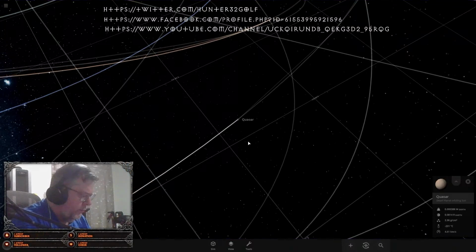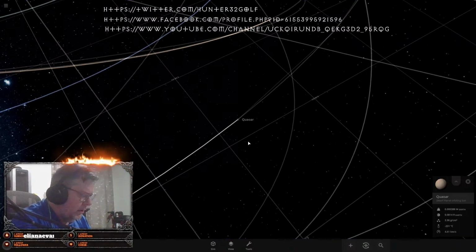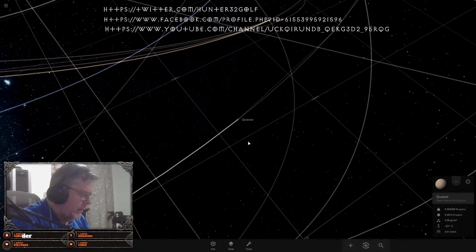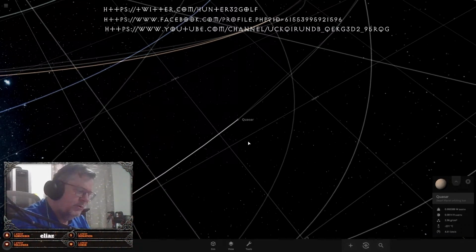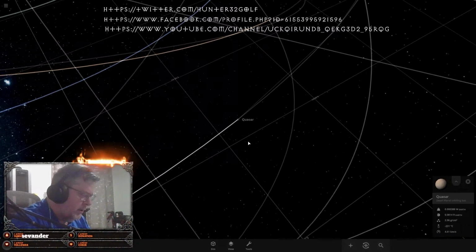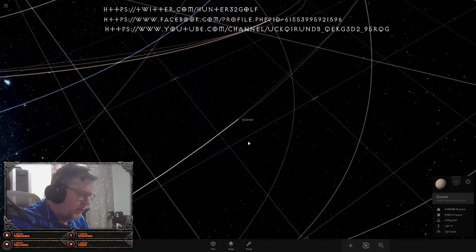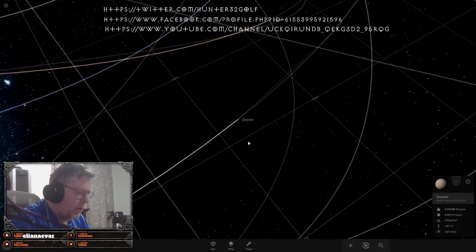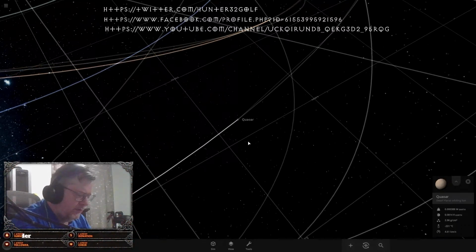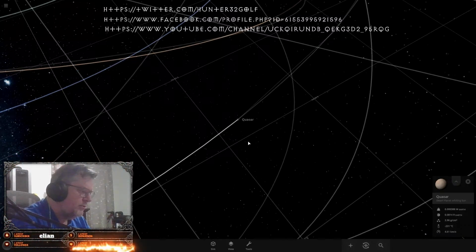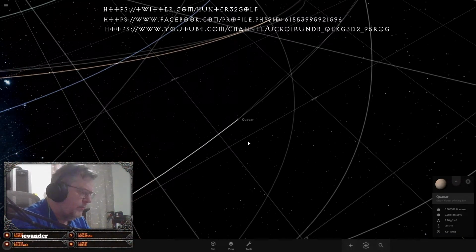Haumea's orbit is 39 to 51 astronomical units, and Quaoar's is 41 to 45 astronomical units.